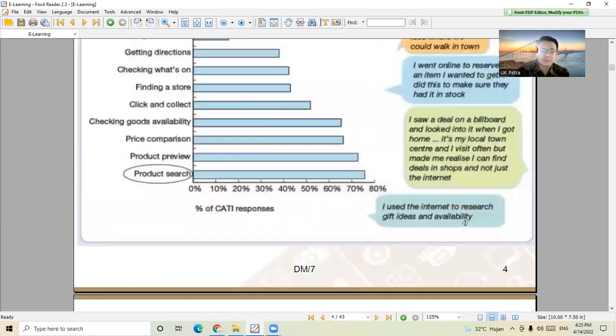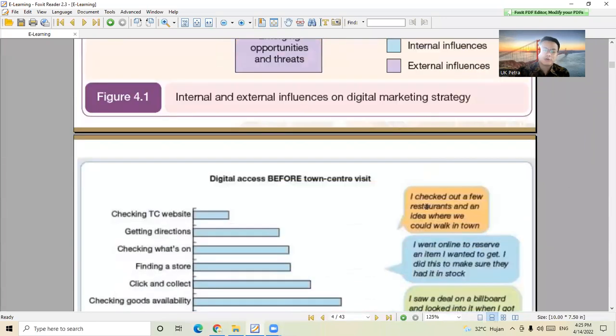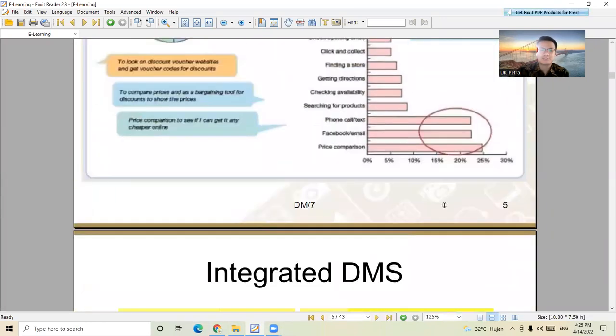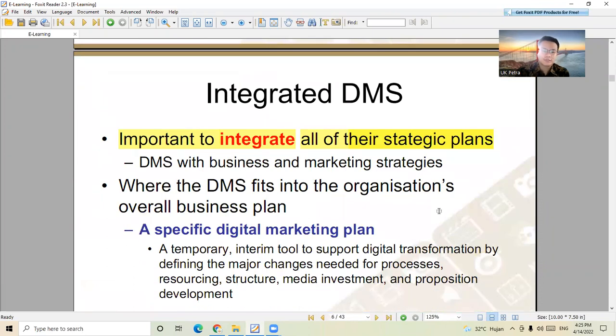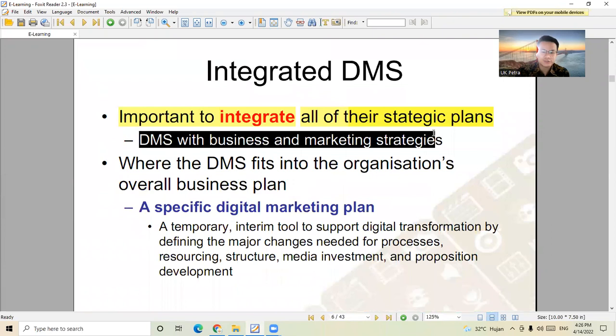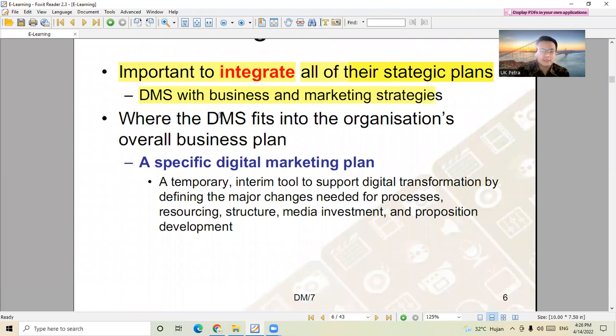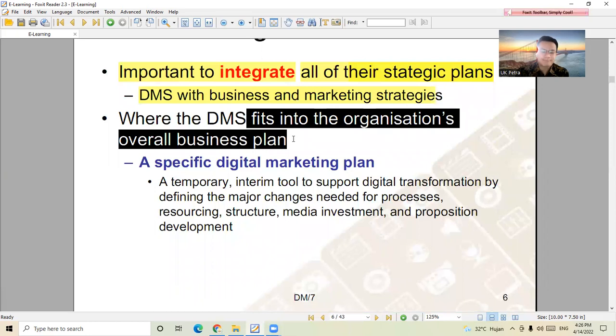The overall business objective strategy, the marketing strategy, and also the other kinds of strategy must be in line with the digital marketing strategy. As we can see here, DMS is the digital marketing strategy, and it should be integrated with business as well as the marketing strategies. So the DMS should fit into the organization's overall business plan.